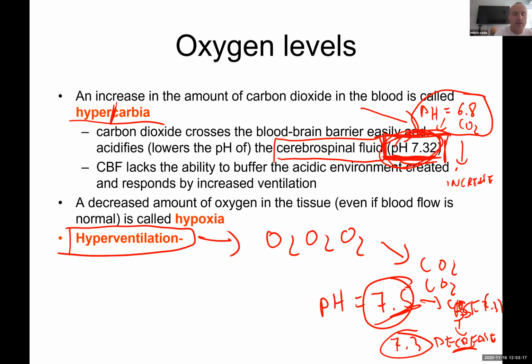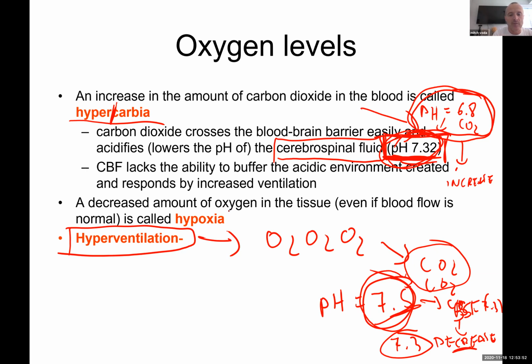So remember, when you hold your breath, you increase the amount of carbon dioxide and you reduce the pH. pH becomes way more acidic. When you hyperventilate, you actually take in more oxygen and you eliminate a lot of carbon dioxide. By eliminating a lot of this carbon dioxide, your blood becomes slightly basic. By becoming slightly basic, it's going to tell the lungs to reduce the breathing rate.